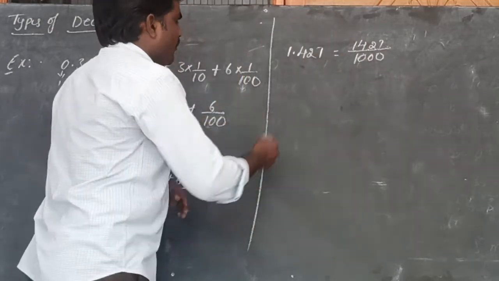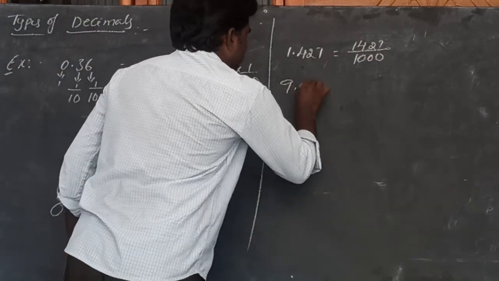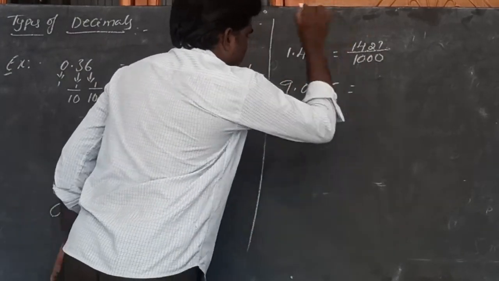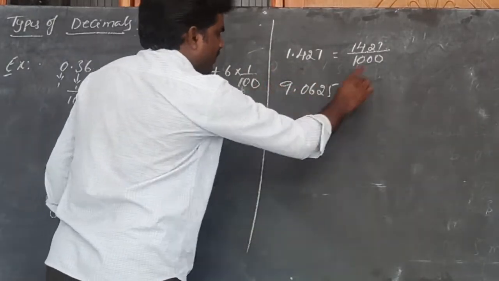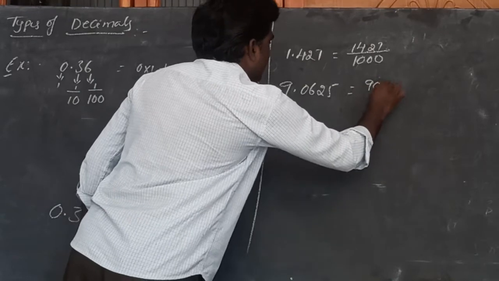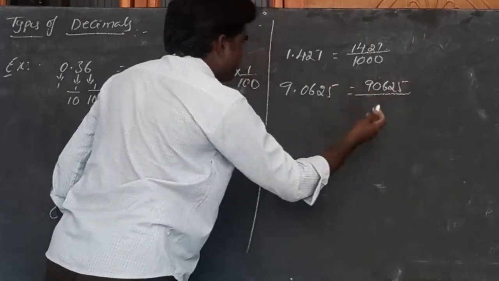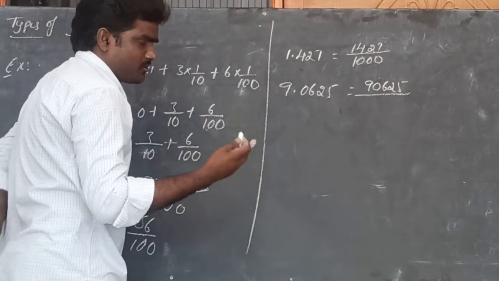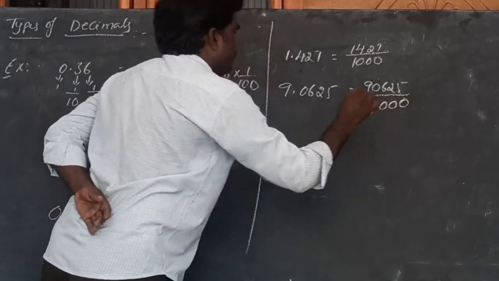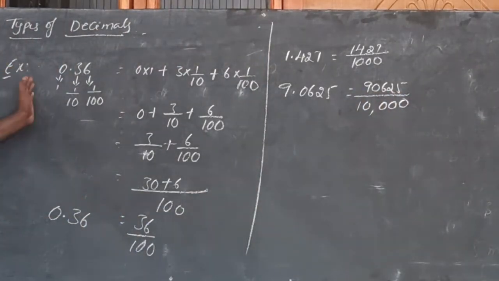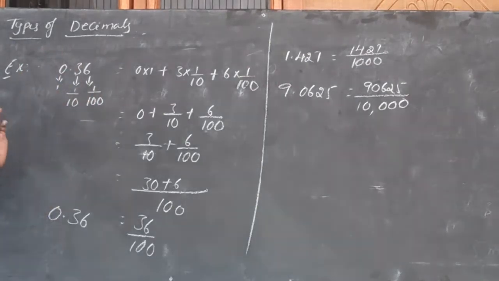For example, here how many decimals are there? 4. 1, 2, 3, 4. Write the total number, with 4 decimals, so 4 zeros. A number with 4 zeros is 10,000. So we can write the decimal in p by q form.